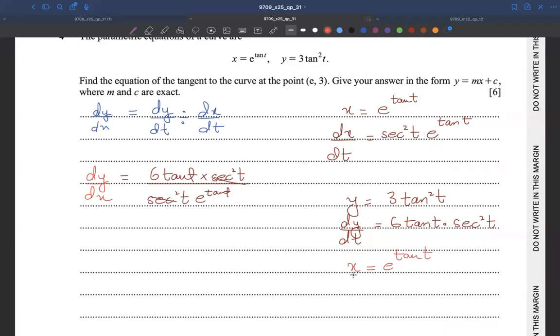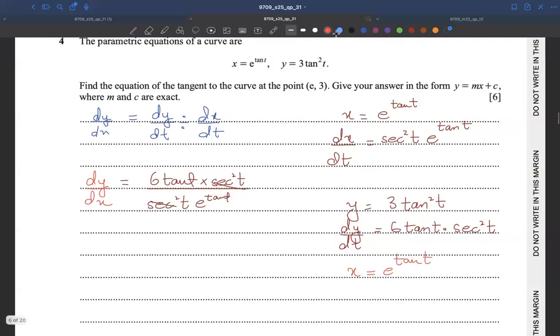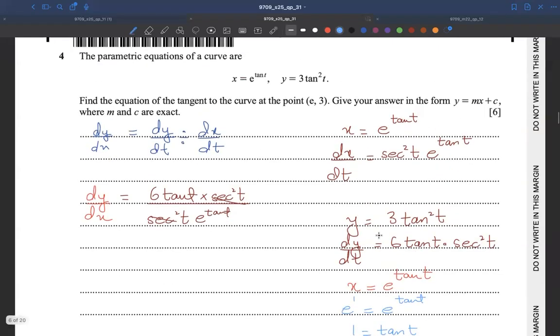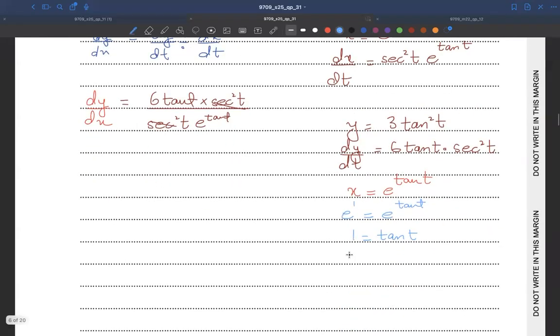To make it simpler, we can write e to the power of 1 is equal to e to the power of tan t. So we can say now that 1 is equal to tan t, and t would be equal to tan inverse of 1. And tan inverse of 1 is pi upon 4 or 45 degrees. So we can write t is equal to pi by 4.